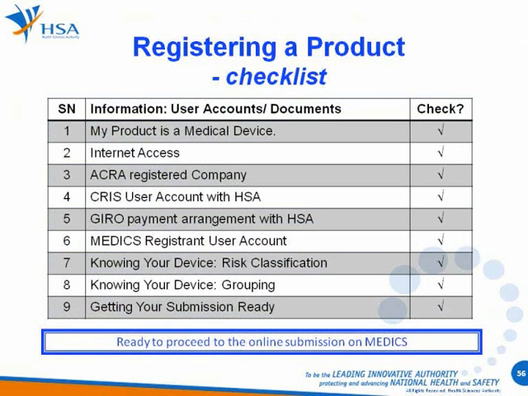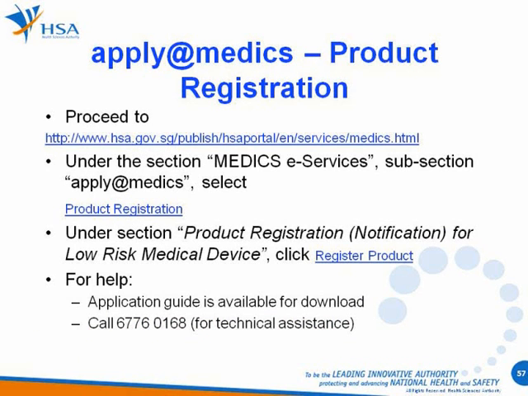With that, we have now completed all 9 steps of the registration process. Let's proceed to learn how to perform the online submission of our product registration application on MEDIX. You can access MEDIX via the web link provided on the slide. Under MEDIX e-Services subsection, Apply at MEDIX, please click on Product Registration.